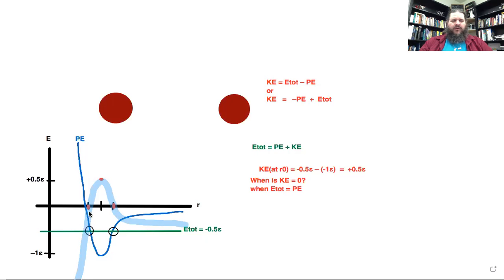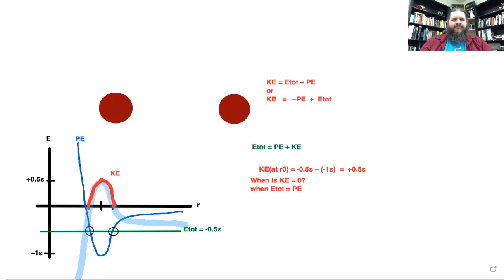So we should ignore everything under the axis and just look at the region above the axis. So there's our kinetic energy graph. It's exactly the potential energy graph flipped over across the axis and shifted, and then we ignore everything below the axis. Any questions on the algebra or graph theory behind all that?